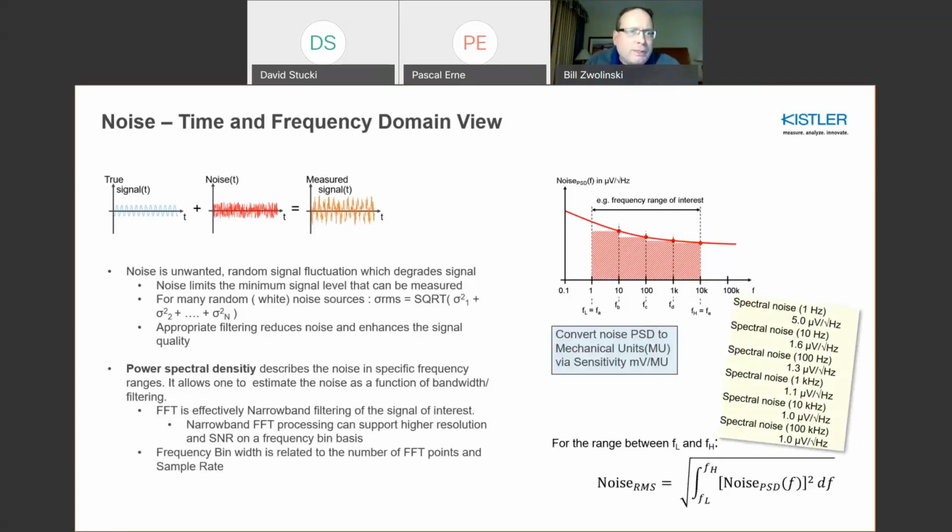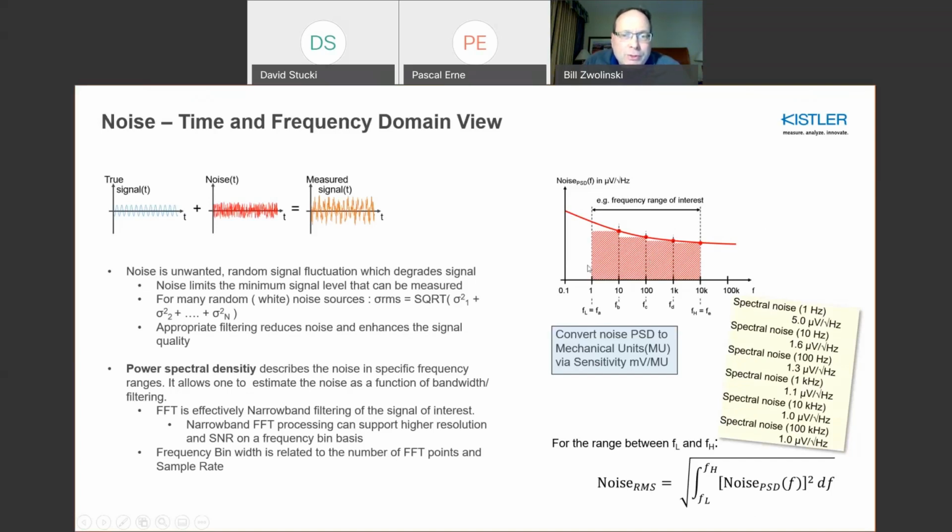In terms of noise, I think we're all pretty familiar with the time domain relationships and how a noisy signal could look, from, say, a sine wave to something quite noisy. But in the frequency domain is really where we find out a little bit more about the noise profile. So what we can do is define a noise power spectral density, and this is typically in, say, microvolts per root hertz, or it could be micronewtons per root hertz, depending on what a sensor sensitivity is.